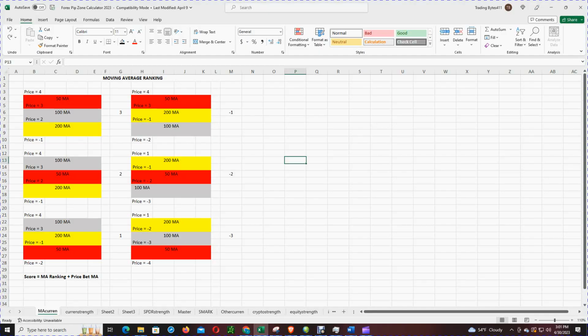If we go to the ranking system, we're looking for white, yellow, red. So that's the order of the moving averages, and we assign that a -2. Price relative to the moving averages is below the white, yellow, and red, so you assign that -2. And the order of the moving averages, you assign that a 1. So that is a -1.